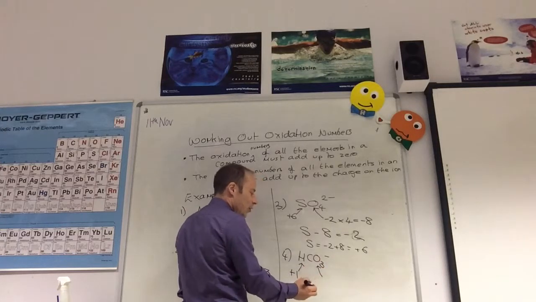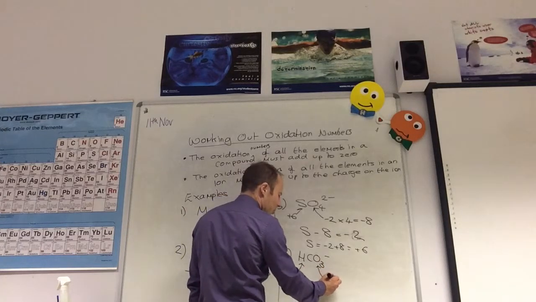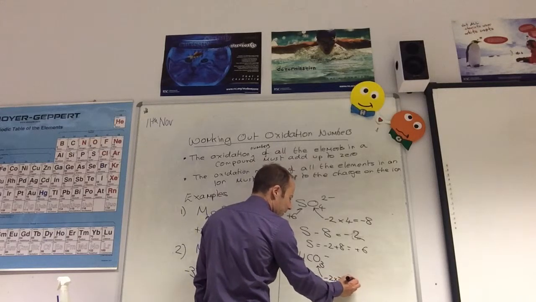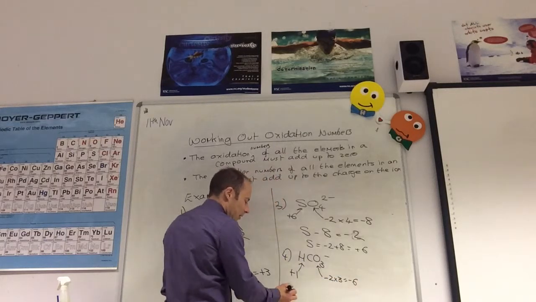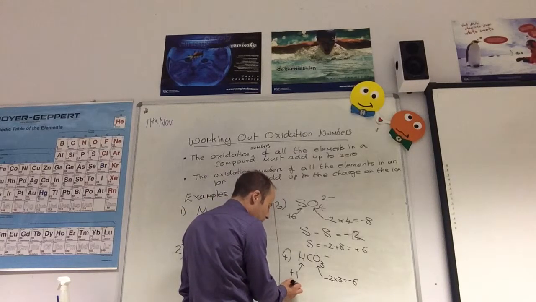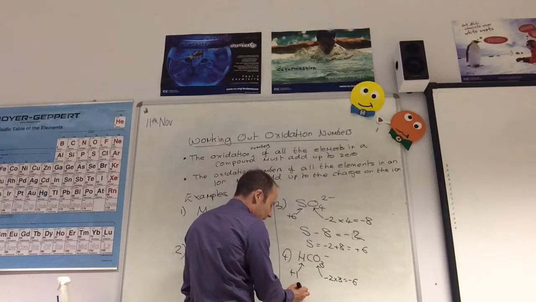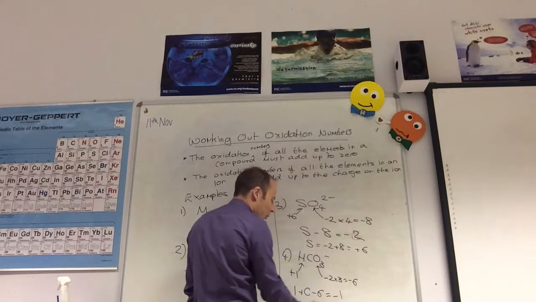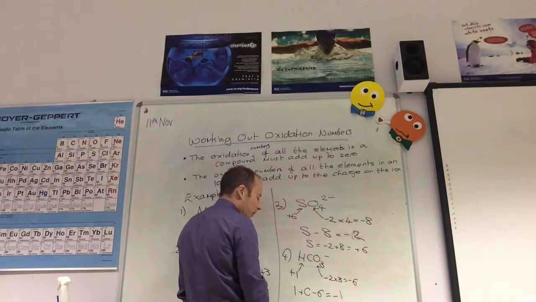Oxygen, we've said, is normally -2, but I've got 3 of them, which comes to -6. So I now know that 1 plus whatever carbon is, -6 has to add up to -1. So what must carbon be?